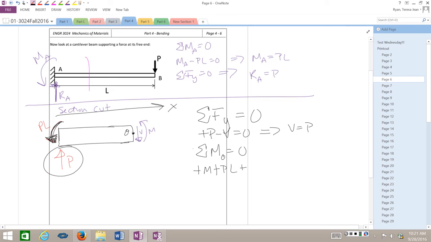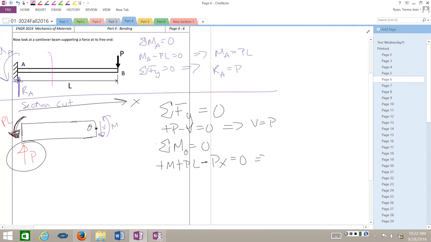Minus PX. Anything else? What about V? No moment arm. See, you guys are awake. Did I forget anything else? No. All right, what do we do? We solve this for M. M as a function of X is, get my signs right, minus PL plus PX.